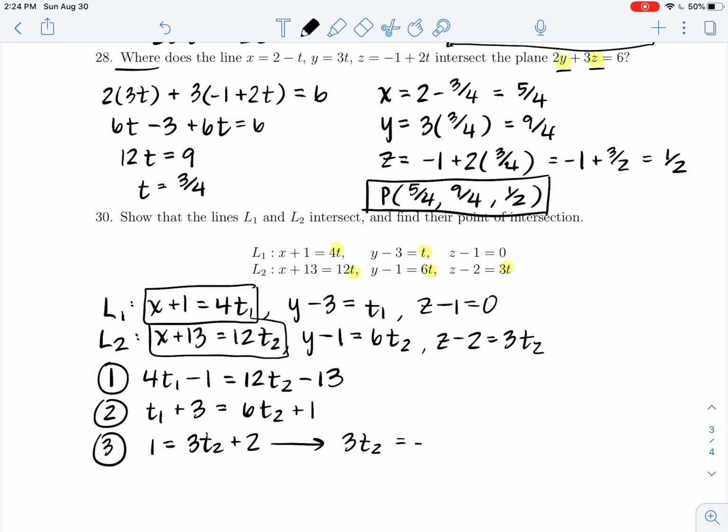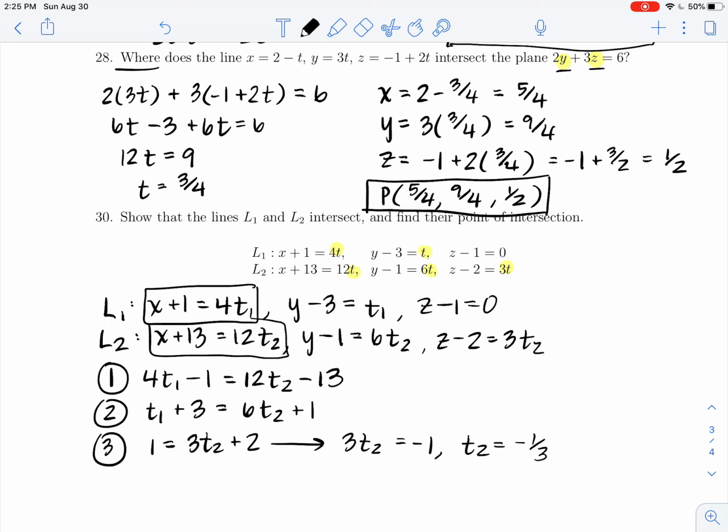So I have 3T2 equals negative 1, so T2 has to equal negative 1/3. All right, so I have a value for T2. That is to say that if these lines intersect, it must be at the time when the parameter value T2 equals negative 1/3. Otherwise, we have no hope of our z coordinates actually being equal at any point.